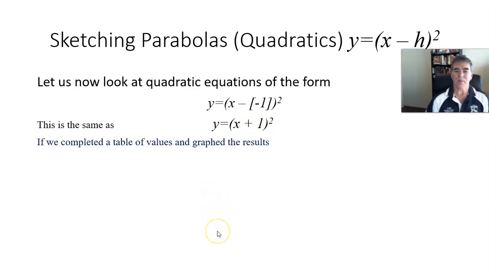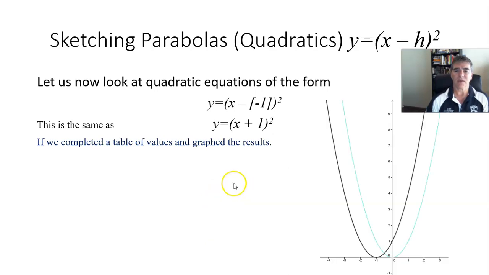So again, if we completed a table of values and sketched it, I'm not going to bother doing it this time, and we used our program here, we can see that this h value of negative 1 means that we've moved the function to the left 1, so that the vertex is now at (-1, 0).